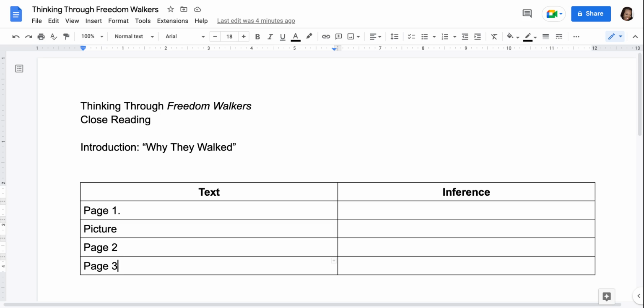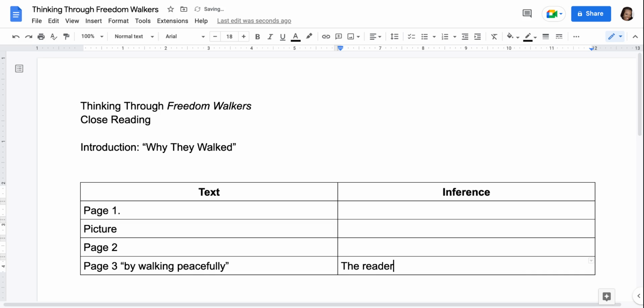So before you move on to the second part of this activity, you should have text written here. So you're writing your notes as to what happened. So let's just say here, just as I said, I'm going to put an example. Notice I have quotation marks, "by walking peacefully." And then over here, what can the reader infer?